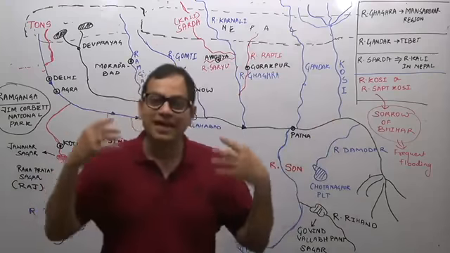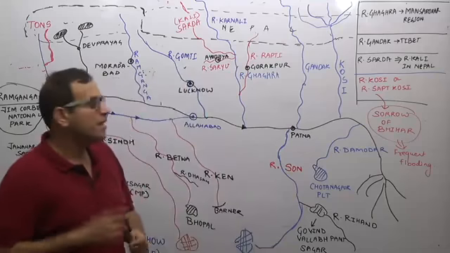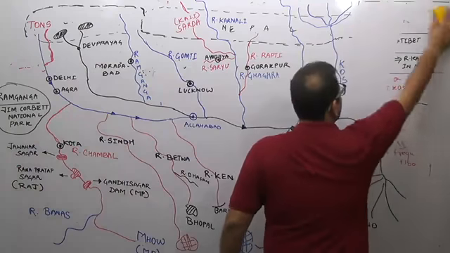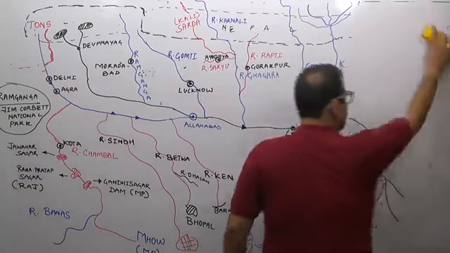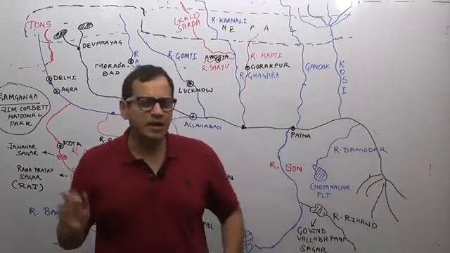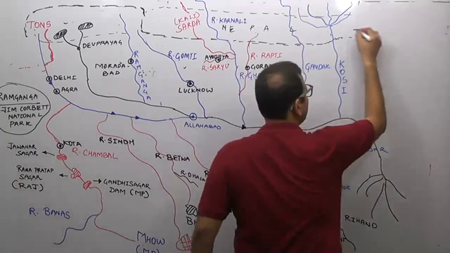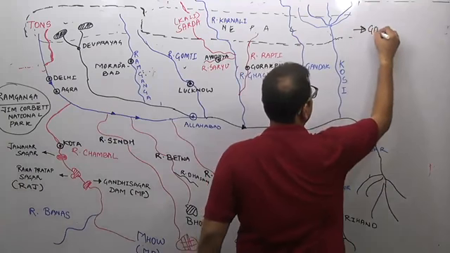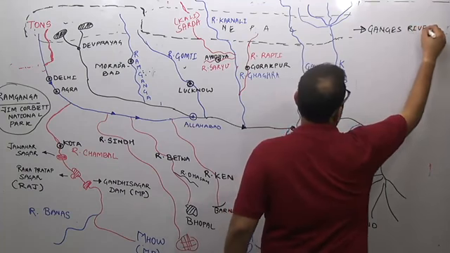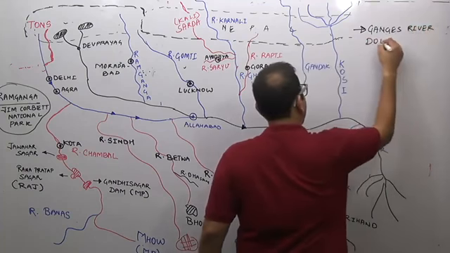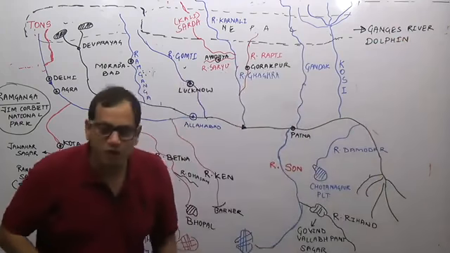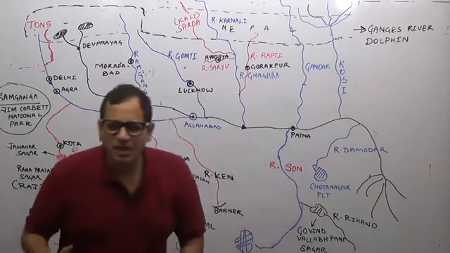The entire river Ganga is one of the polluted rivers. River Ganga has numerous biodiversity. The important biodiversity of river Ganga is the Ganges river dolphin. It is a dolphin which is found in fresh water, and it is threatened because of habitat loss.